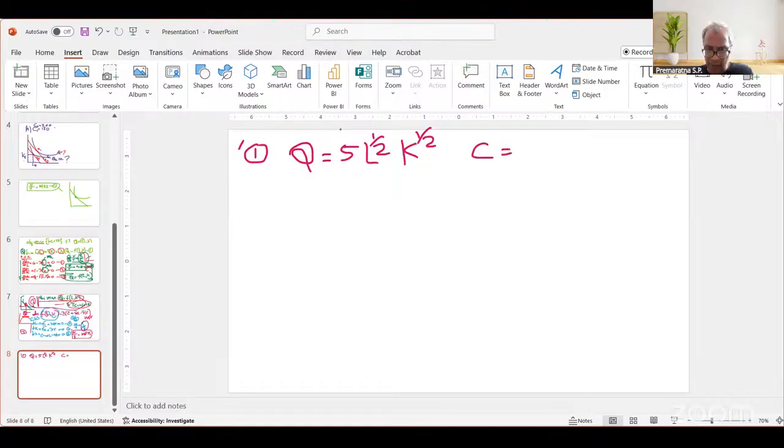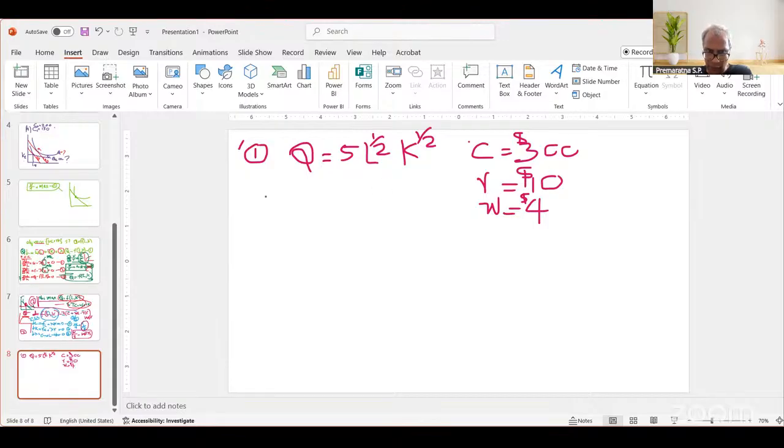I'm giving this so you practice; in the exam also I most probably give the same thing. The cost is $300, R is $10, and W is $4. Then, using the Lagrangian method, try to get the answer.